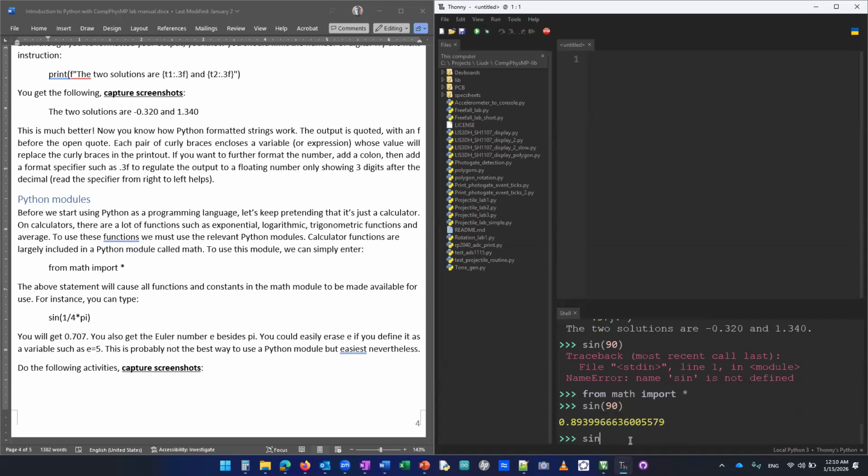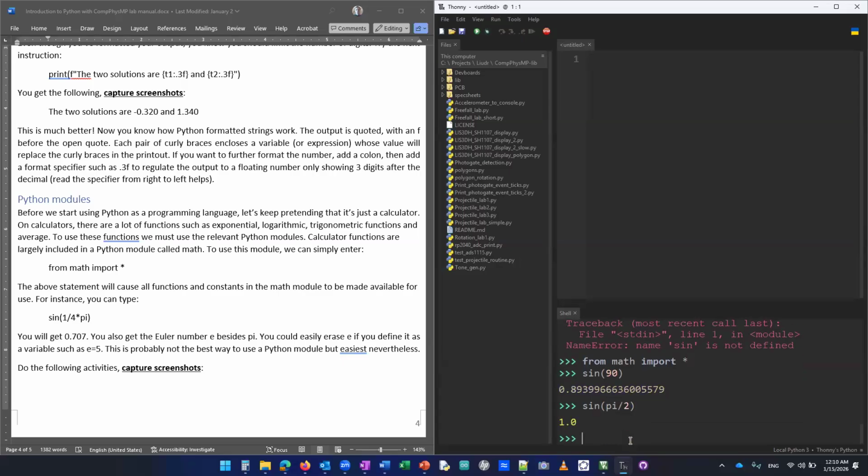So sine of pi, which is actually a constant that gets imported from math, over 2. That's a sine 90 degree, which is equal to 1. And we can also type the quarter pi, that will be 45 degrees. That will get you a 0.707. So divide by 4.